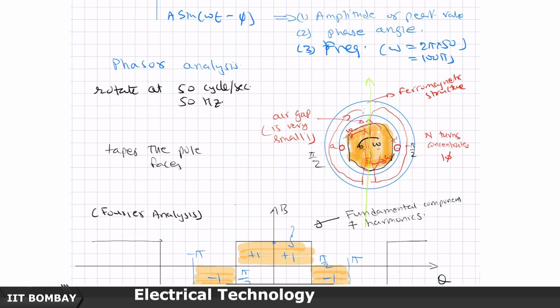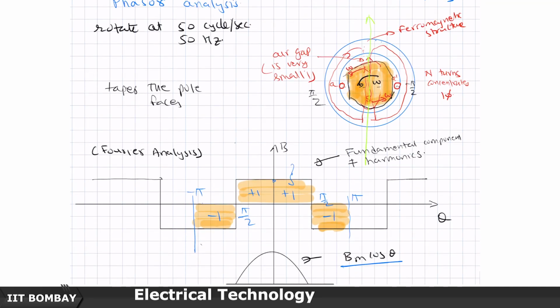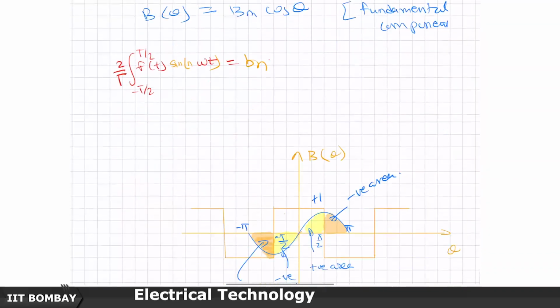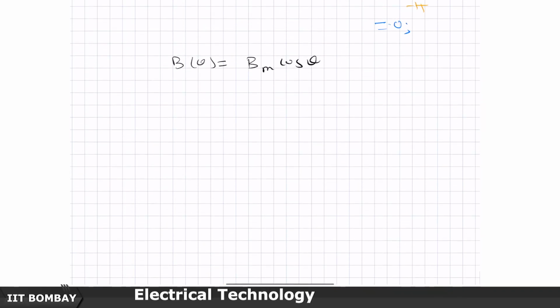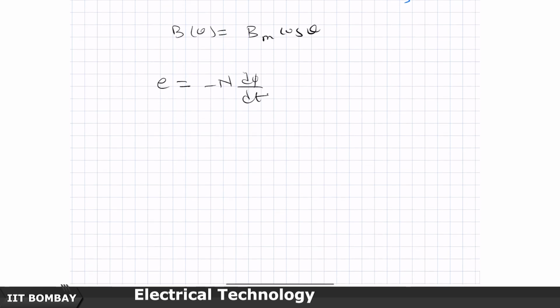Now, the next thing is, what is the flux which is enclosed by the coil? If you want to calculate the EMF which is generated, which Faraday's law says is minus n d phi by dt, then the question is, what is phi of t?